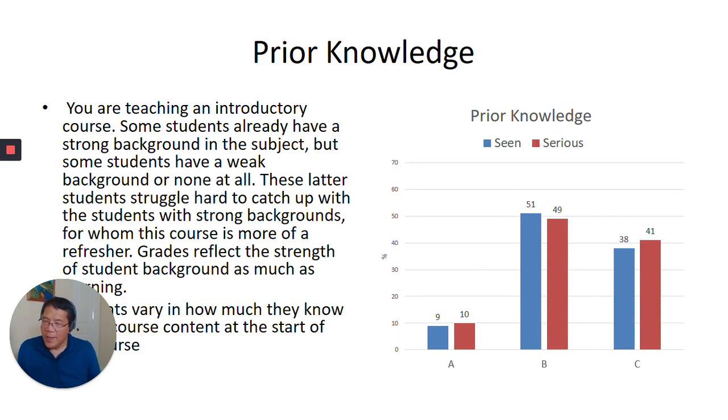Okay. The next one is prior knowledge, and this is probably the single most influential factor in how students will do in your class. Students come into our courses with different levels of prior knowledge, and students who have a greater prior knowledge in a topic have a huge advantage over those students who are seeing the material for the first time.